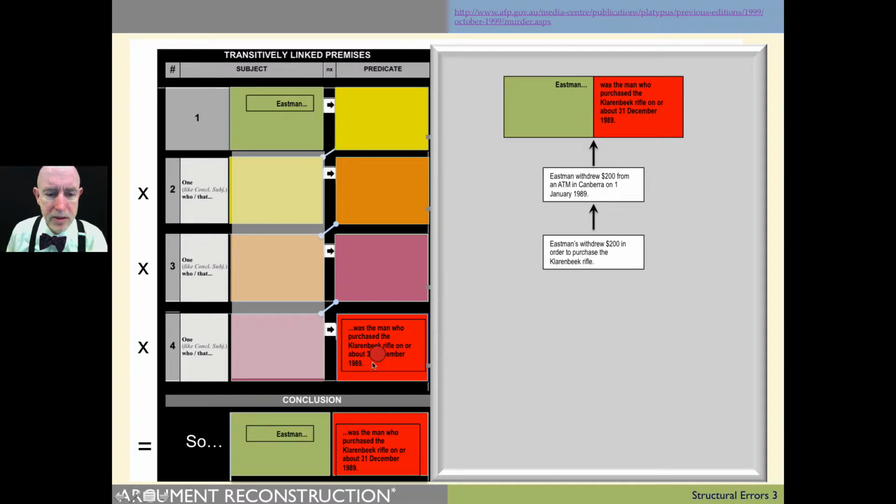We've separated, again, the subject of the conclusion we put at the start of our first premise, and the predicate phrase of the conclusion we put as the predicate phrase of the last premise in this form. We don't know if we'll need 4, or we might have more, but for now, that's how we can put it together.